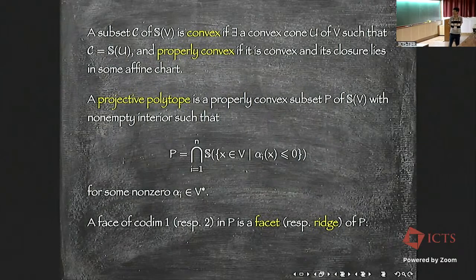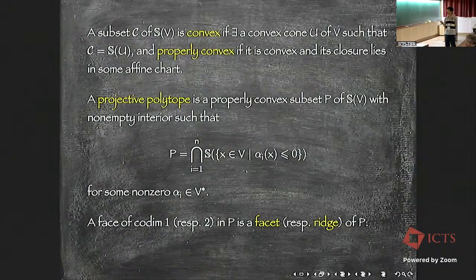Then I'm interested in some convex set in a projective sphere or the projective space. We say C is convex if there exists a convex cone in the vector space V such that the projectivization of this convex cone is C. So you can imagine what convex should be.